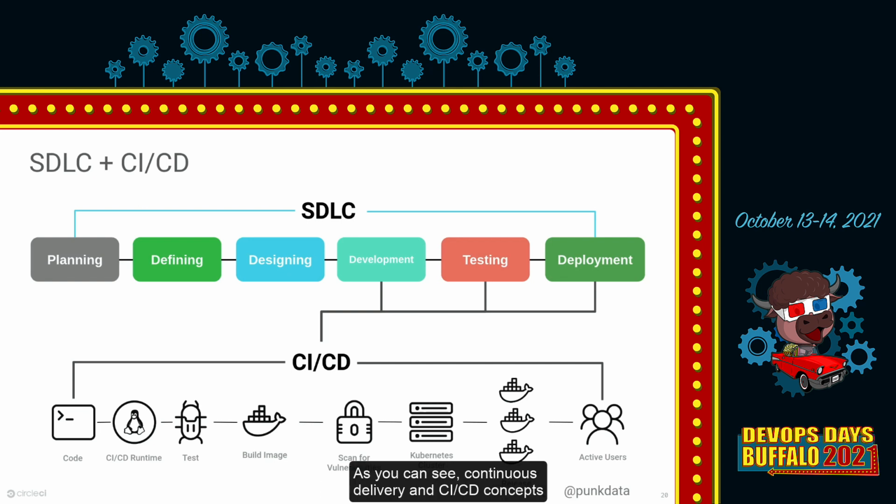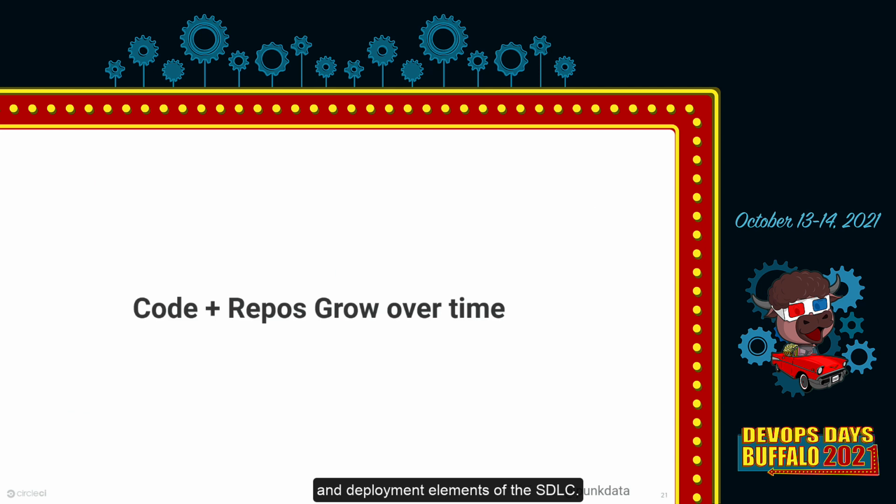As you can see, continuous delivery and CI/CD concepts mainly pertain to the software development, testing, and deployment elements of the SDLC. So over time, it's inevitable that your projects, repositories, and code will grow in complexity and in volume, which will present many challenges in maintaining efficiencies and, more importantly, velocity.